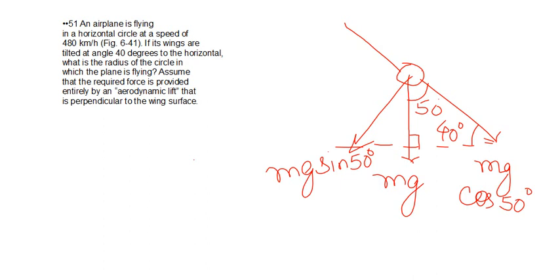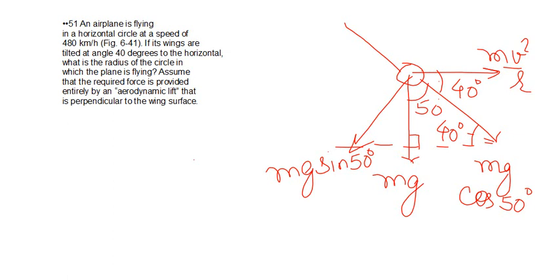And the centripetal force acting towards the center of the circle is mv square by r. Now the angle this force makes with the wing is 40 degrees, because of alternate interior angles. This is 40, so this has to be 40.